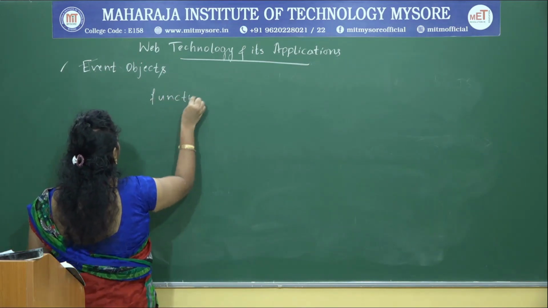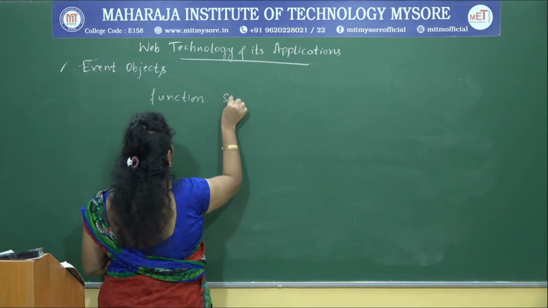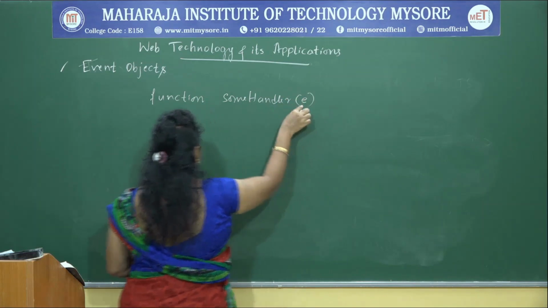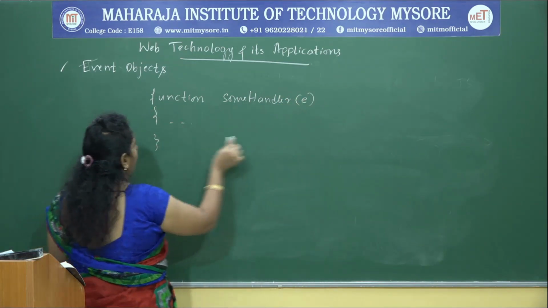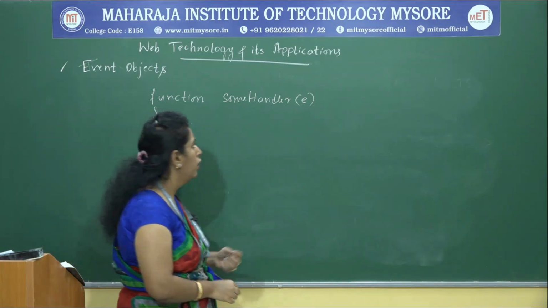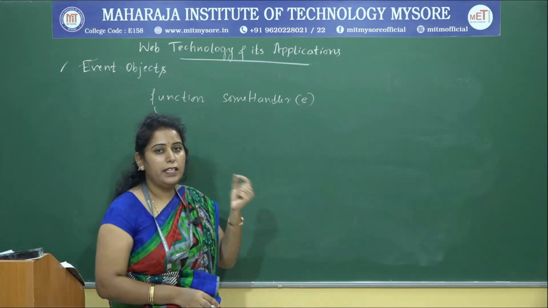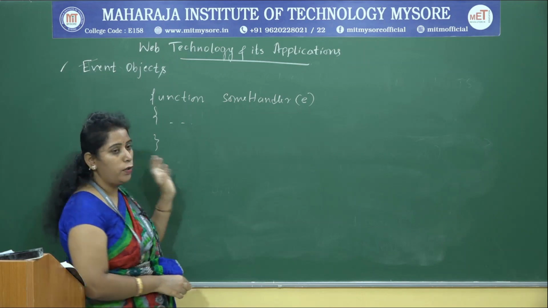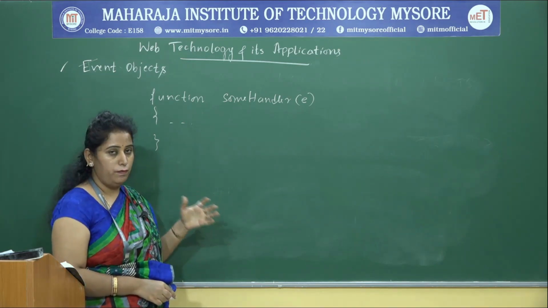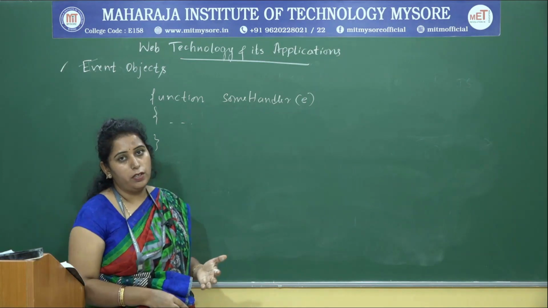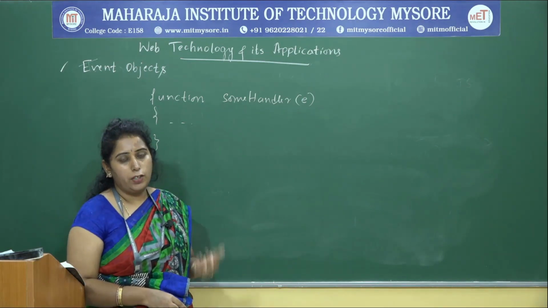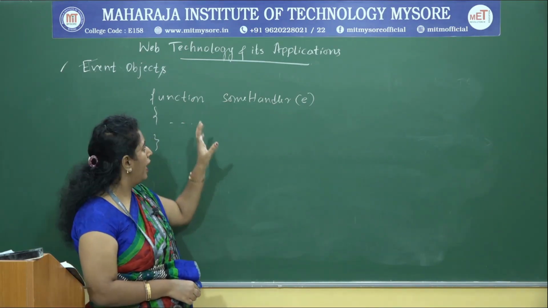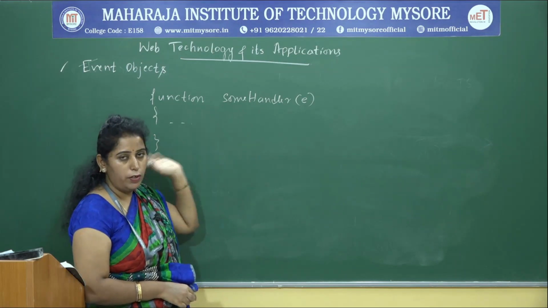How can events be passed as an argument to a function? I will give one syntax. Function is a keyword to define a function. The function name is someHandler, and you have passed event as an argument to the function. The event is represented by E. Again, no matter which type of events we encounter, all are considered DOM event objects, and event handlers associated with them can be accessed and also modified.